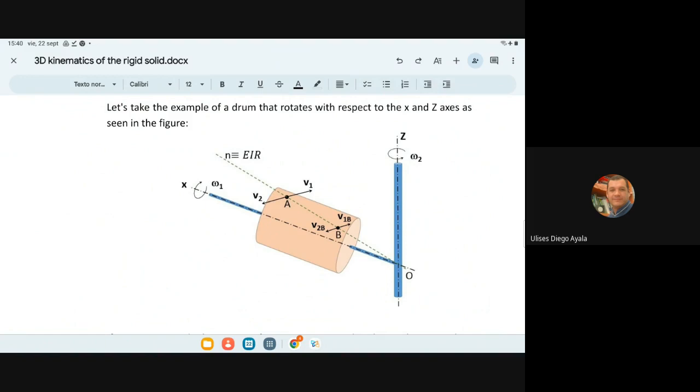You have the rotation of two, and since this is a vector, you apply the right-hand rule, and this is the vector. This is a vector going around that axle. That's why you have those equations. The reason to have those equations is because this system complies with that type of combination. Usas esas ecuaciones porque este sistema cumple con esta combinación.